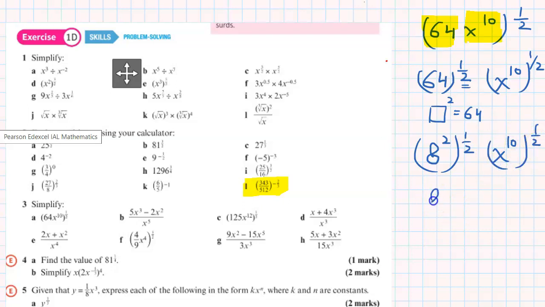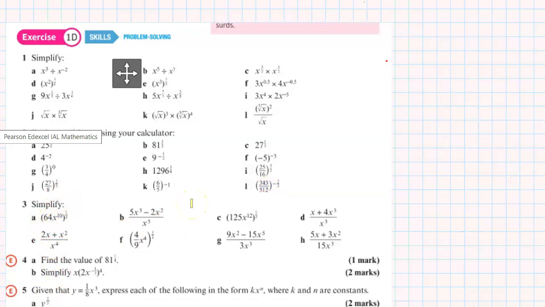Now we remove the brackets, so 8 will have the power 2 multiplied by 1 over 2, and x will have 10 multiplied by half. This 2 and 2 cancel, so it will be 8, and for x, half of 10 is 5. So this is the answer of part first.